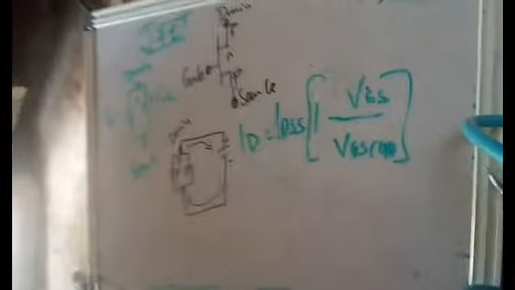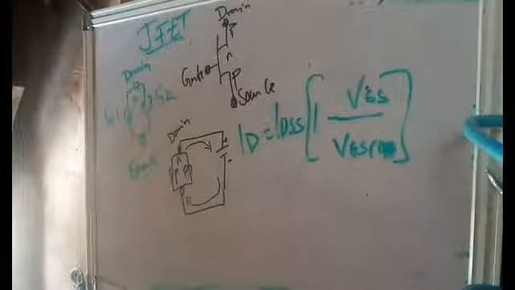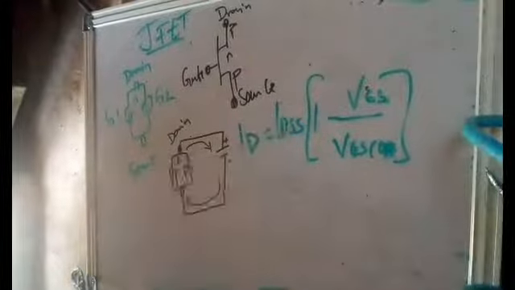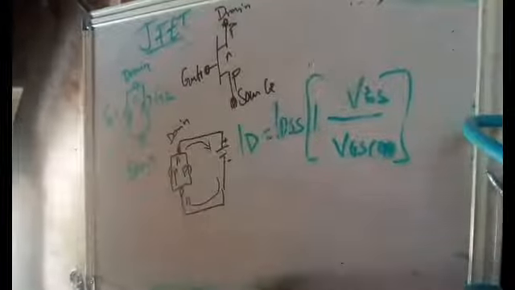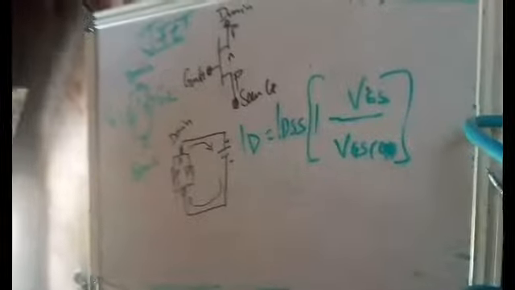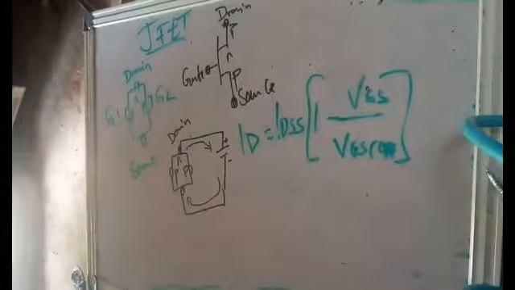ID is the drain current, and IDSS is the current flowing out of the drain, coming out of the source, and back to the drain. It's just looping. And VGS is the gate source voltage.